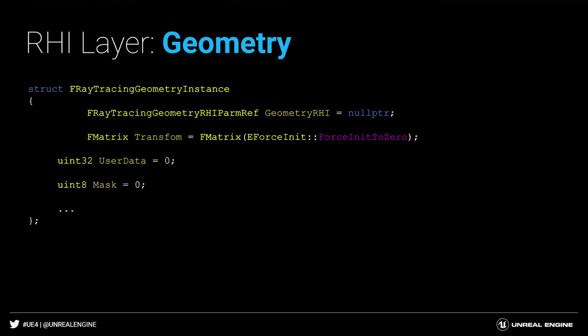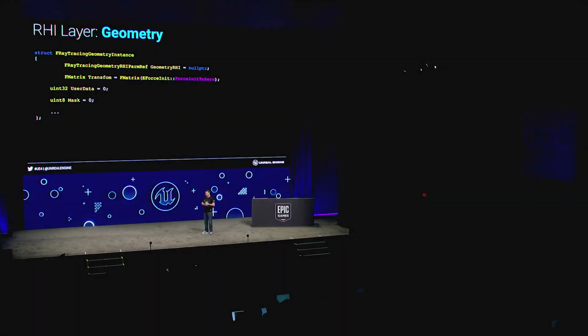The user data we use as an index to do lookups in our closest hit shaders so that we can recall specific primitive lookup data. So if we want to fetch textures, fetch other sorts of vertex data, that's what we have at our disposal. And lastly, the ray mask, or the geometry mask associated with the ray mask, allows us to do things like hide certain geometries from certain passes. We can fire rays and only hit Niagara particles, things like that.